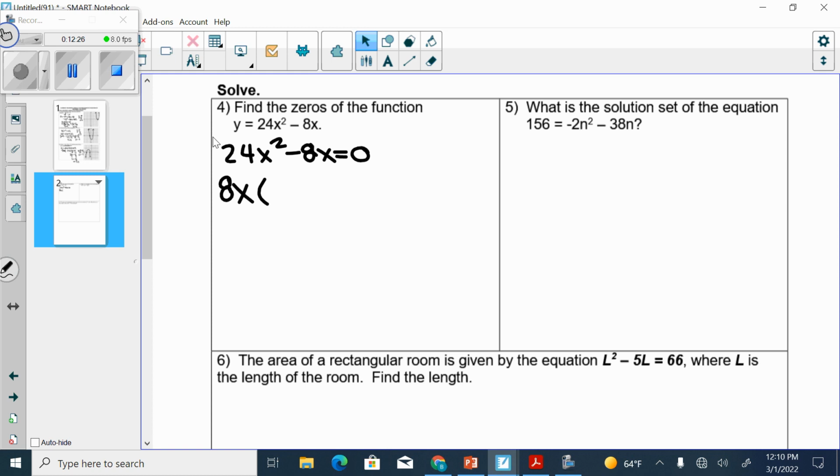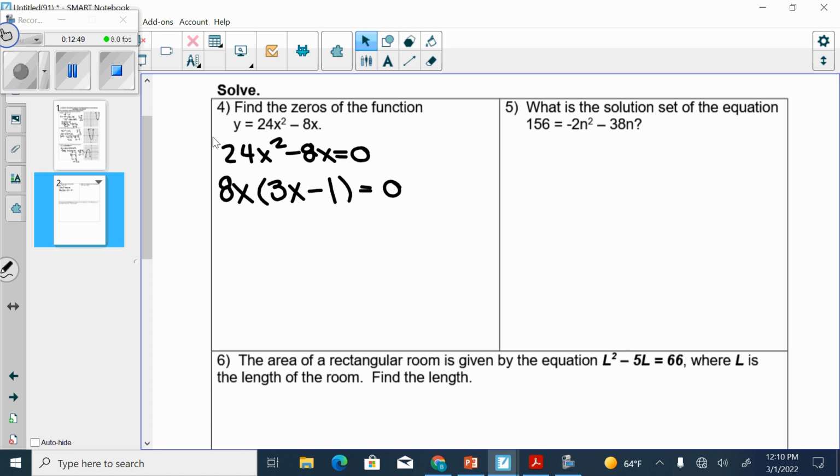Okay, if I divide 24x squared by 8x, what's going to be left? Next. And if I divide negative 8x by 8x, what's left? -1, very good. Equals 0.